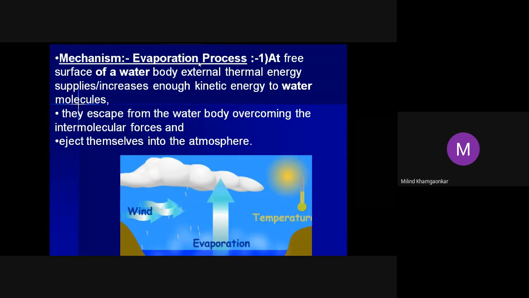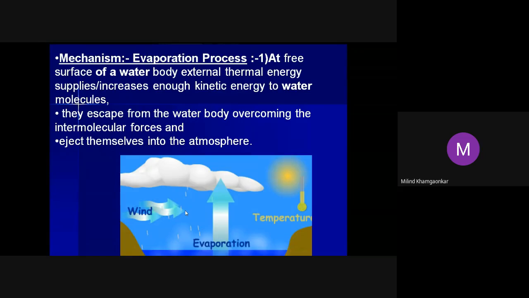Friends, this evaporation process occurs at the surface of the water body. The surface means the plane between the atmosphere and the liquid water. At the surface of the water body, the evaporation takes place.